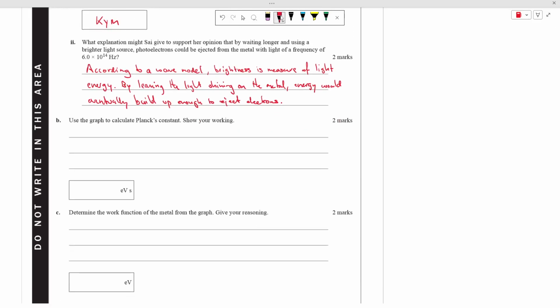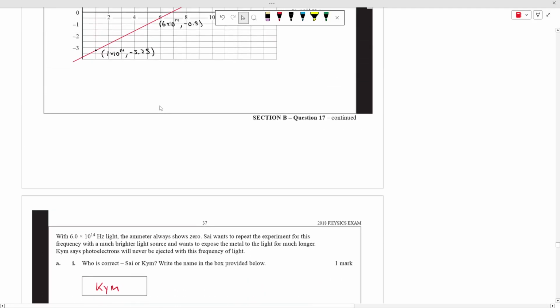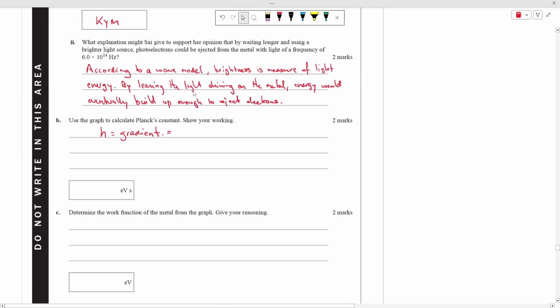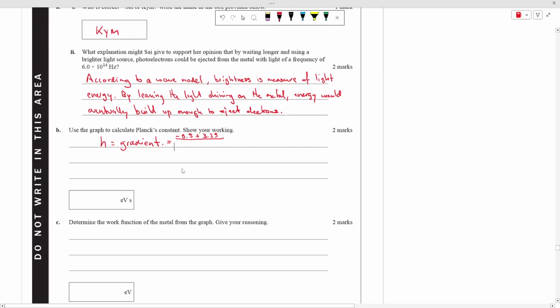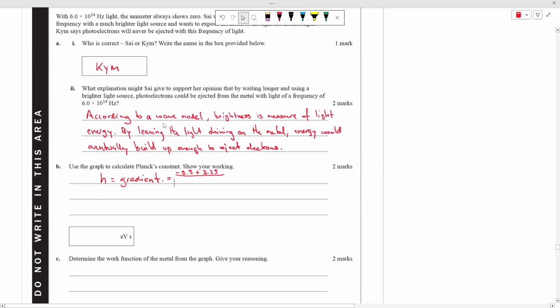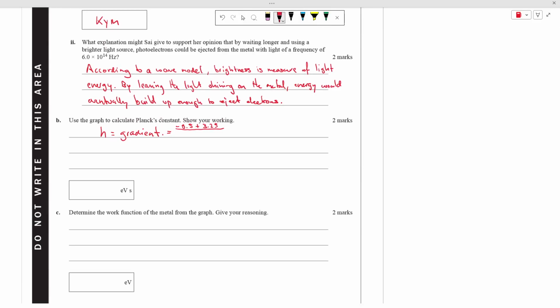So the gradient would give you Planck's constant. Okay, so for our gradient, we've got rise over run. The rise would be negative 0.5 minus negative 3.25, or negative 0.5 plus 3.25, over the run, which is 6 times 10 to the 14 minus 1 times 10 to the 14, so 5 times 10 to the 14.